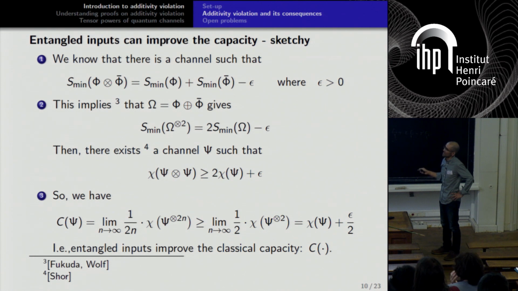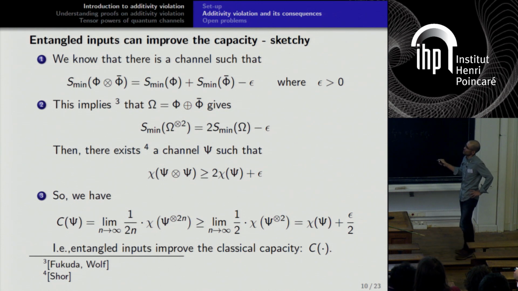But since the limit exists, we just take the subsequence 2n. And then this inequality is obvious because we have 2n, but here we have 2, and n gets out. So the Holevo capacity should be smaller than or equal to this quantity. This inequality is obvious, as I said.